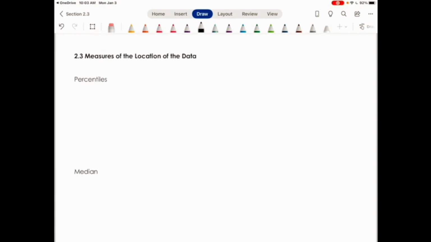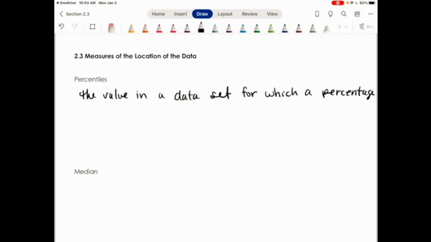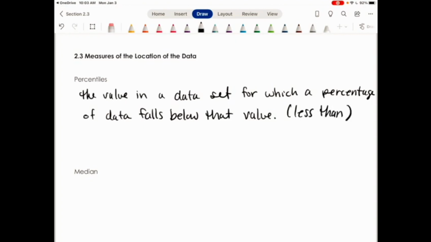So a percentile is just the value in a data set for which a percentage of data falls below that, or you can say less than that value.